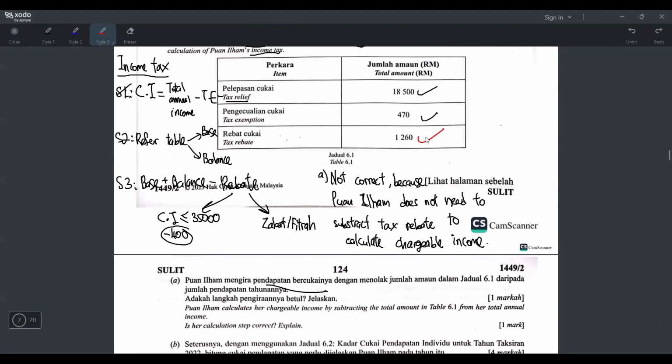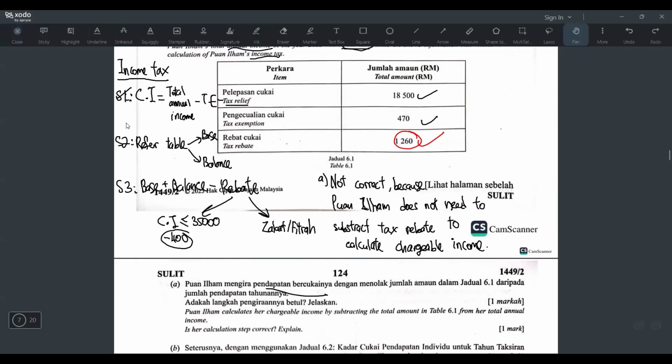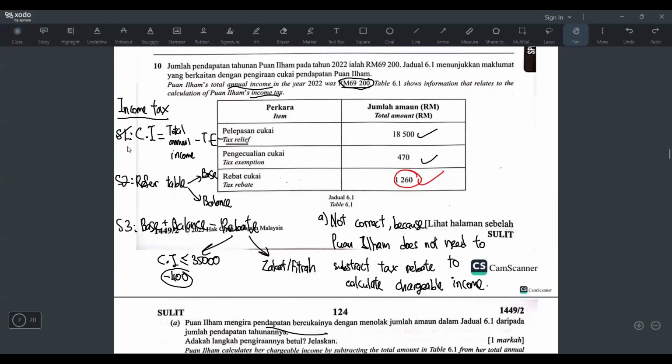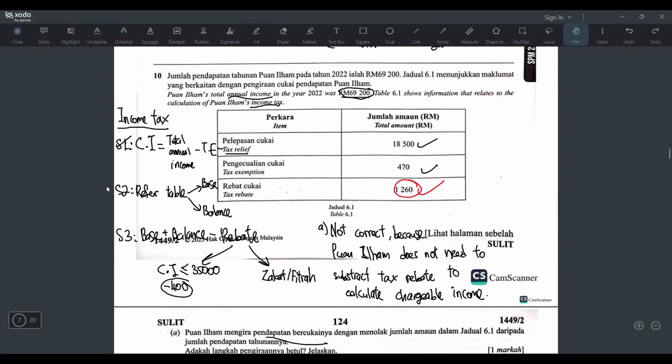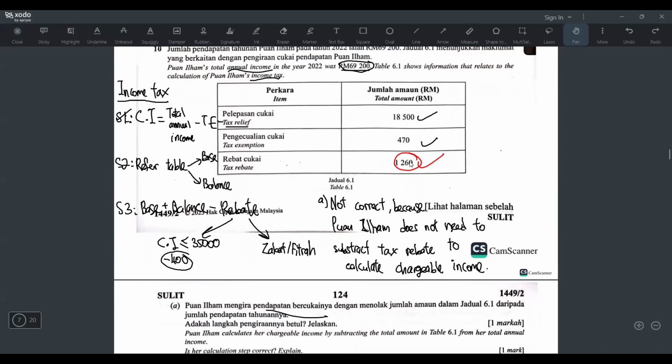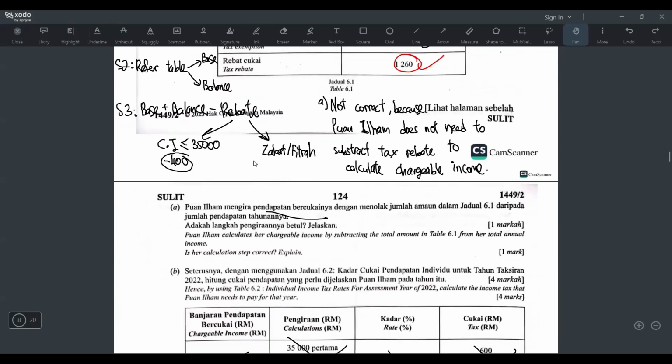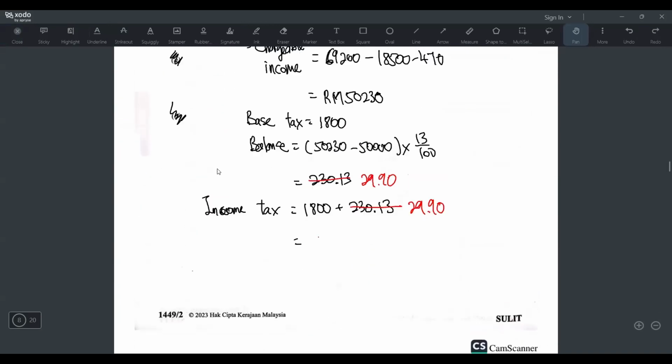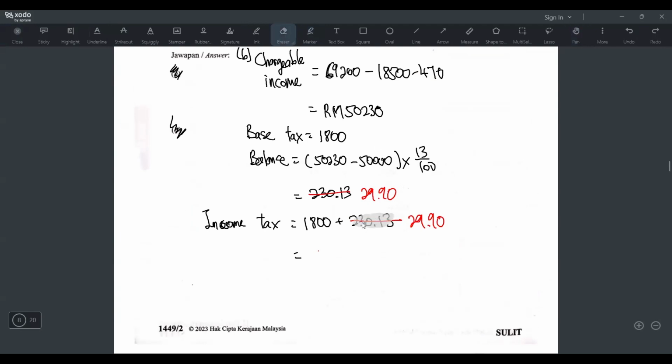Dia ada rebate mah sini. Okay, ada rebate. Oh my god, I can't believe I said dia tak mention rebate. Sorry. Okay, because I've been doing maths question for a whole day already, so it's like my mind is like want to pecah already. So sorry. Dia kan ada cakap rebate sini. Oh my god, what am I doing? Okay, sorry.